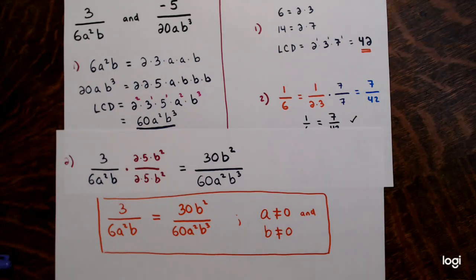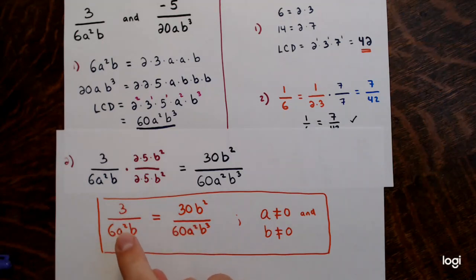And you can go ahead and test it out. I think a very simple one would be just let a be 1 and b also be 1, right? Because if a were 1 and b were 1, you'd have 3 divided by 6 times 1 times 1, so 3 divided by 6 being equal to 30 times 1 over 60 times 1 times 1, so 30 over 60.